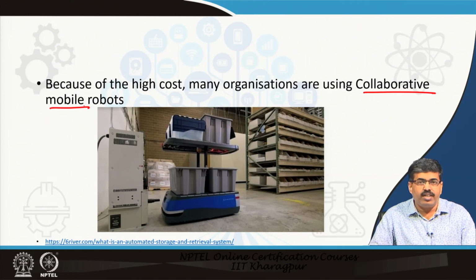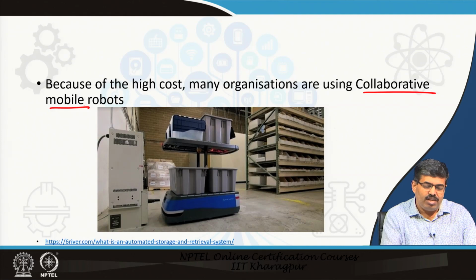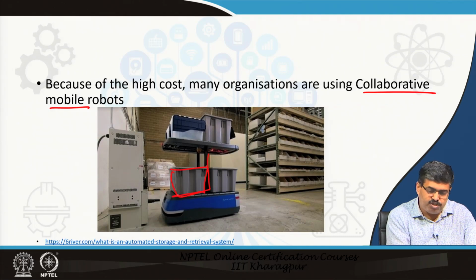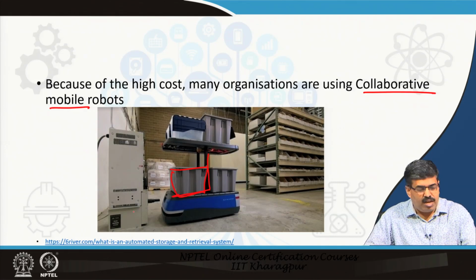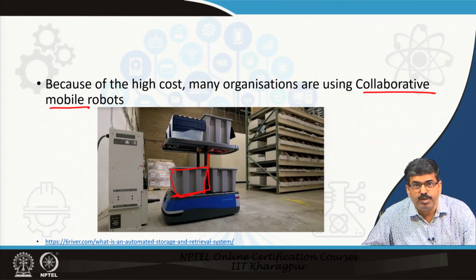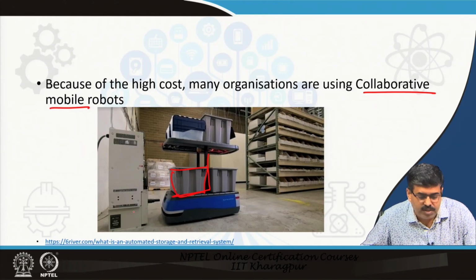These are again laser guided and they can do the same work as an ASRS system, not to that extent, but they are much better than manual interventions. Here is a pallet and there will be a push up here which can push this pallet to the proper place. So, it can carry heavy loads without damaging the workers' health and safety.